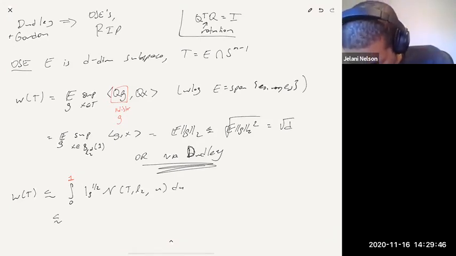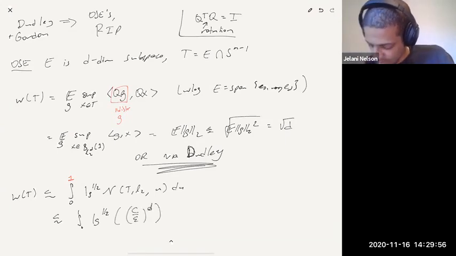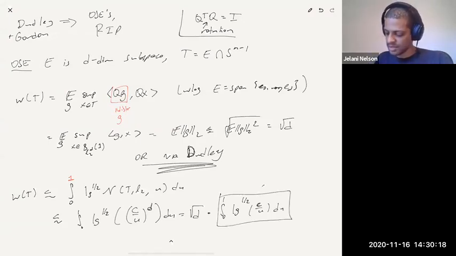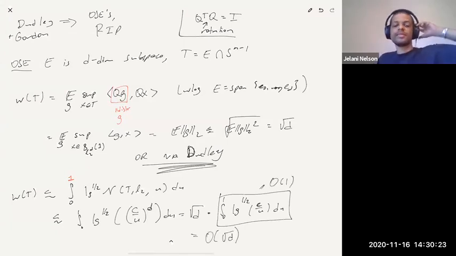So this is at most the integral from 0 to 1 of root log of some constant over epsilon to the dimension, where epsilon is U, du. That is equal to root D times the integral from 0 to 1 of root log of some constant over U, du. And you can prove that this thing converges, so this is some constant. So this is O of root D. Does that make sense?